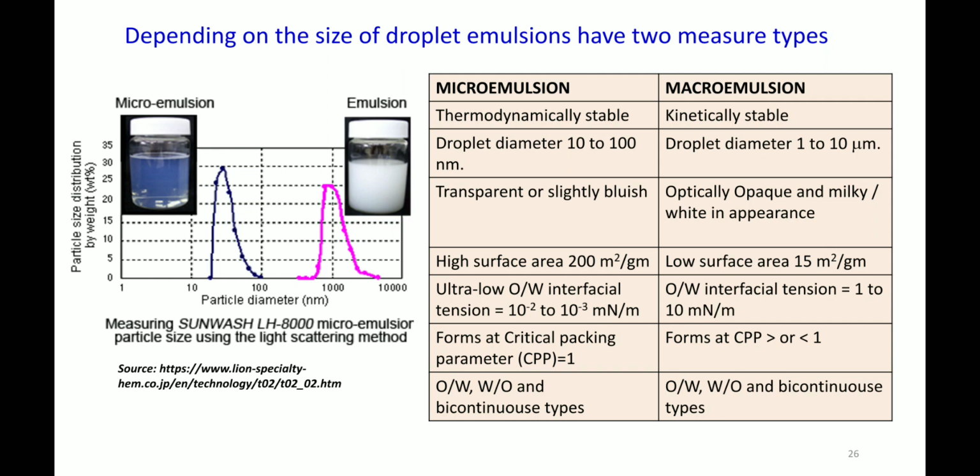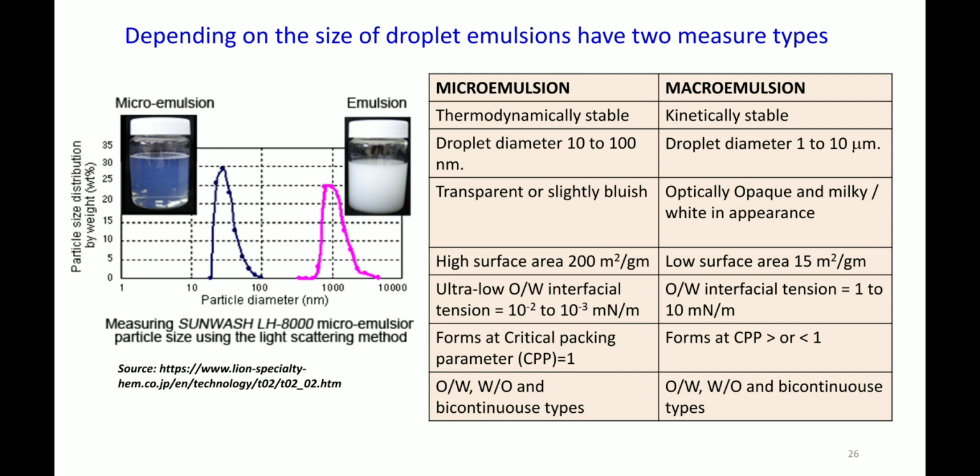So let us have our attention on the table, where the difference is given point by point. First, microemulsion is thermodynamically stable, whereas the macro emulsion is kinetically stable. We have seen that for macro emulsion we provide vibrational energy, kinetic energy, for the formation of this macro emulsion.